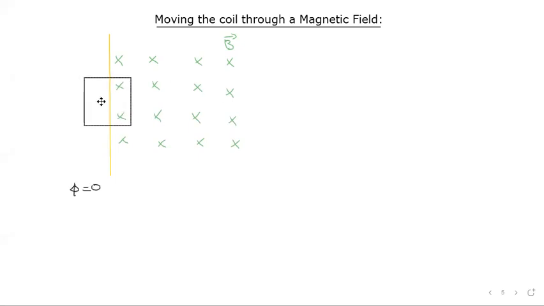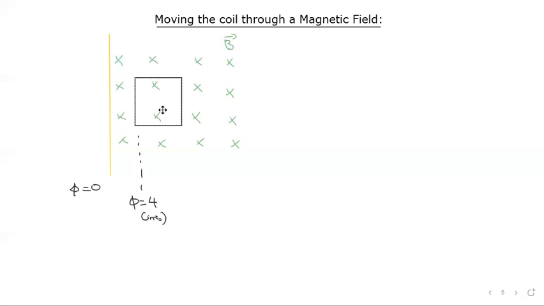And then as it enters, it's going to experience a change in flux because, well, right at this particular moment in time, it's got a flux of 2. And as it moves into the page, and as it goes further into the magnetic field, it's now got a flux of 4. So at this particular point, we'll just say it's got a flux of 4 into the page, which we'll just treat as positive.